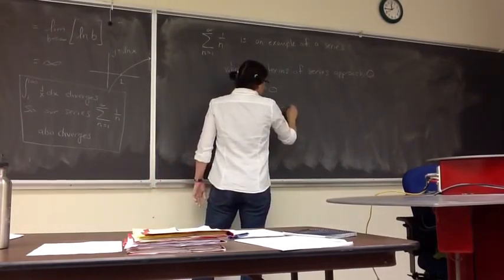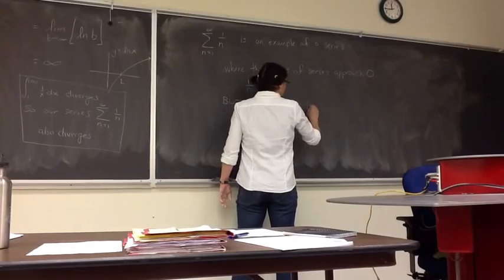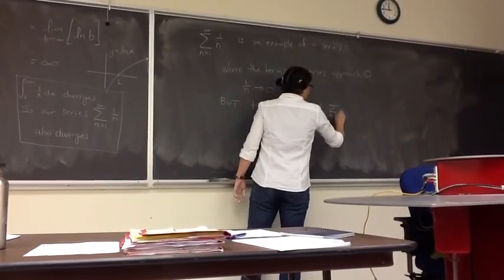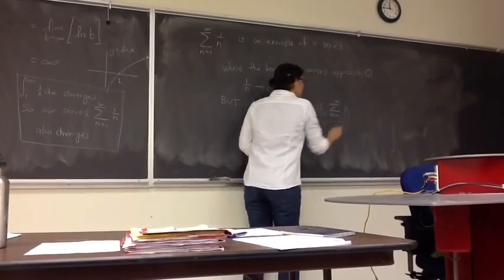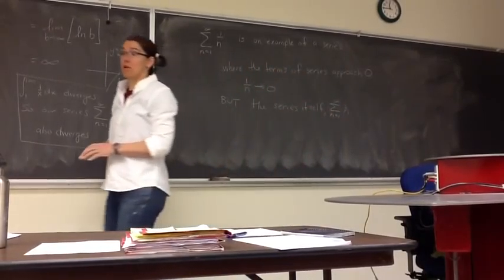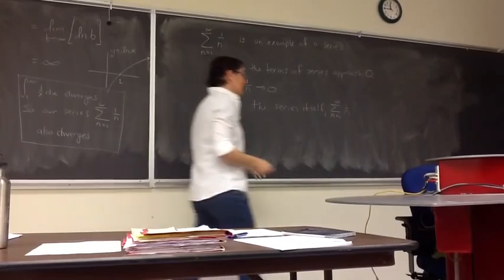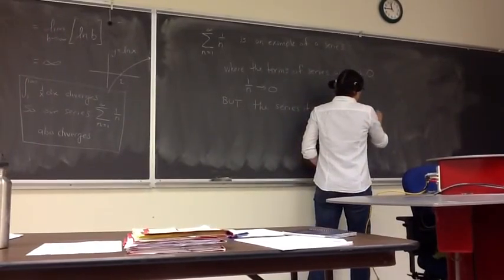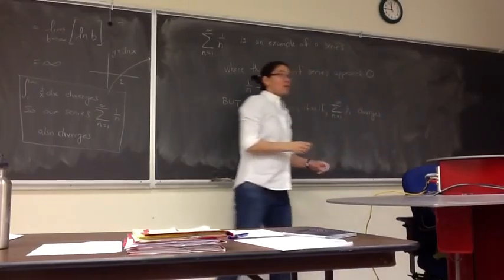the series itself, the sum where n goes from 1 up to infinity of 1 over n, when you add up all of these terms, then you actually get infinity. So the series itself diverges.